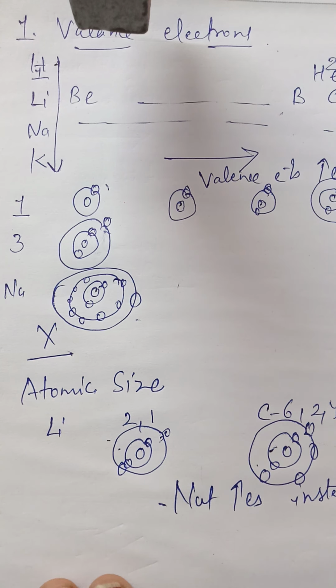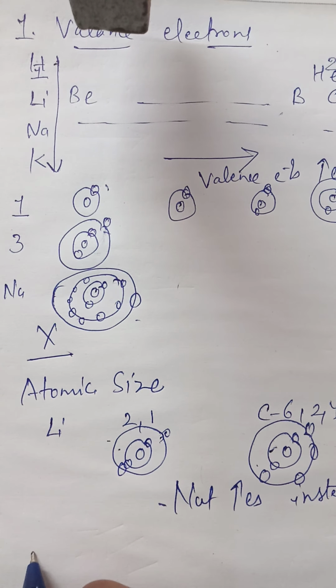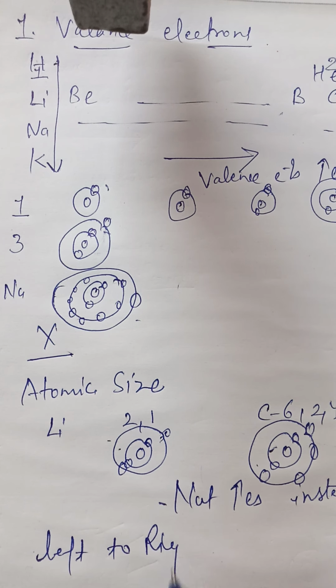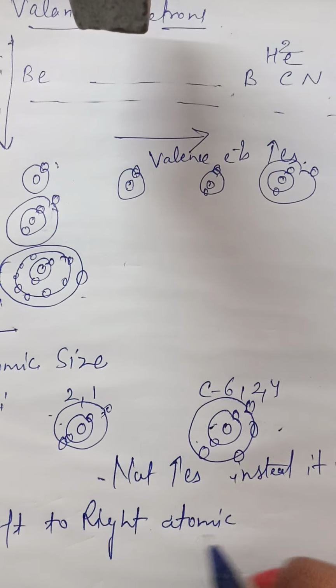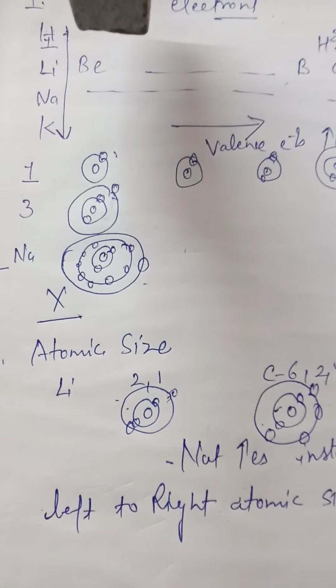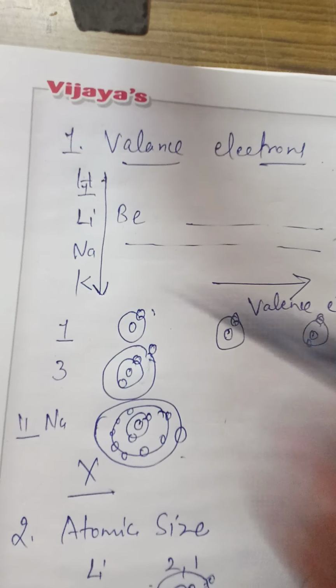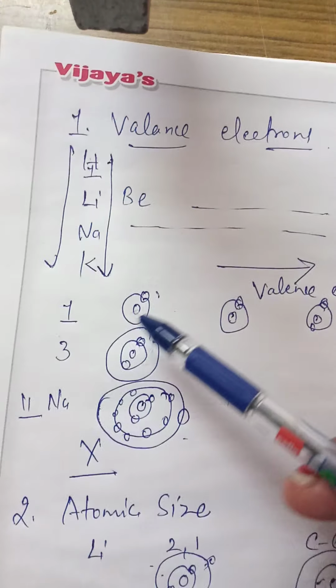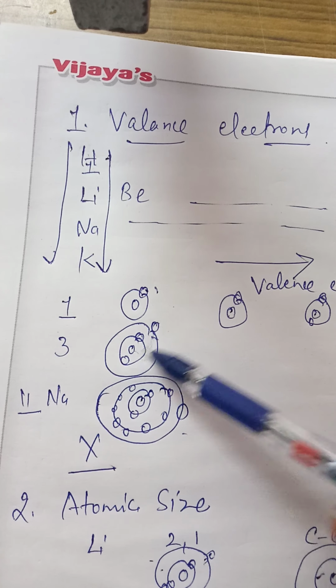That is why the atomic size decreases as we move from left to right, or along a period. Atomic size decreases. Clear?